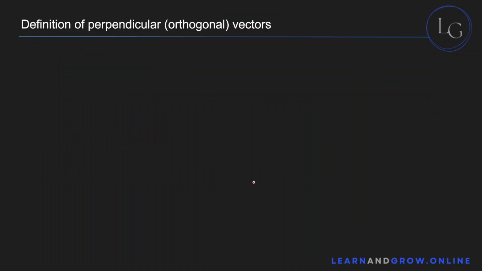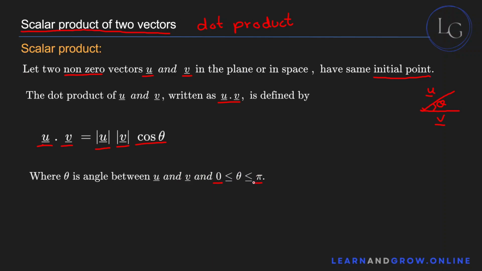Another reason why that is because if you have this as the vector v, and let's say this is the vector u. Now, this is still an angle between them, but you'll not take this as theta.